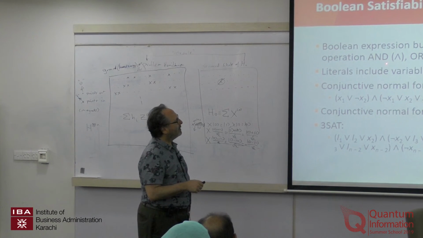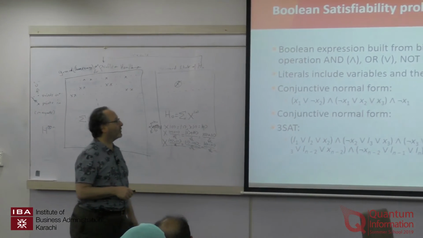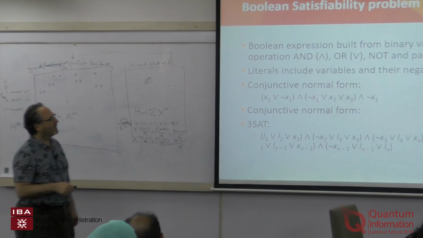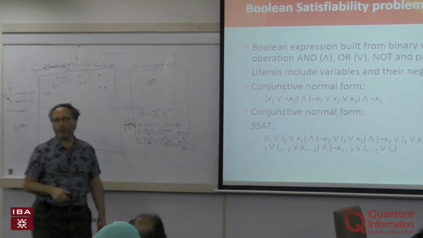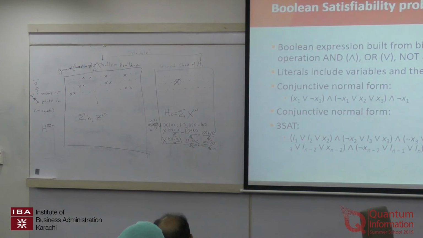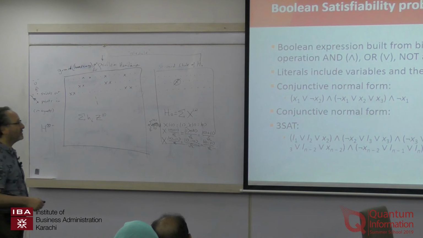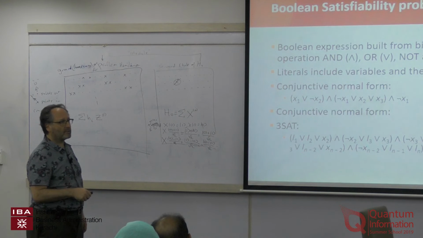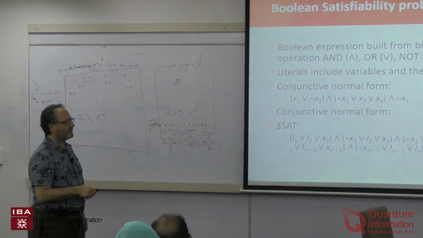Then we are allowed to apply logical operations: and, or, and not. The parentheses are just ways of grouping. Whenever we put parentheses around it, this is called a clause, the same as a clause in grammar for a sentence. So here's a clause. This clause has two literals, x1 and the negation of x2. This clause has three literals.